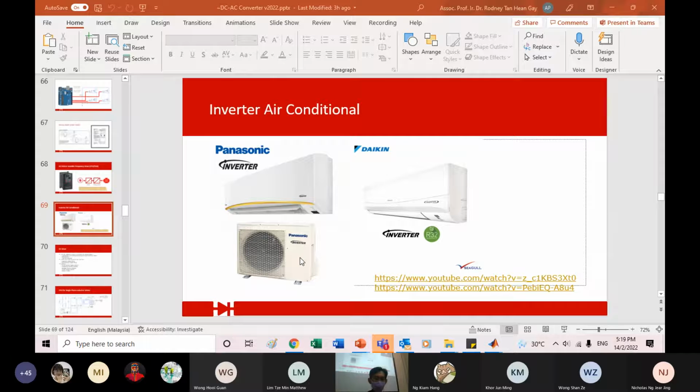So now they add what we call an inverter. They don't call it a variable frequency drive, but in fact it's a drive anyway. The name is not wrong, because if you look at the topologies, it's still an inverter, right? With that inverter, the compressor motor will not stop running.